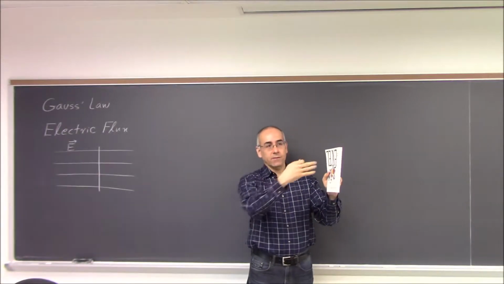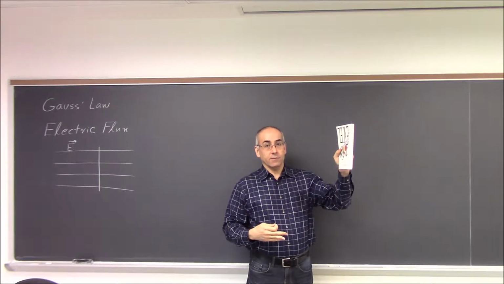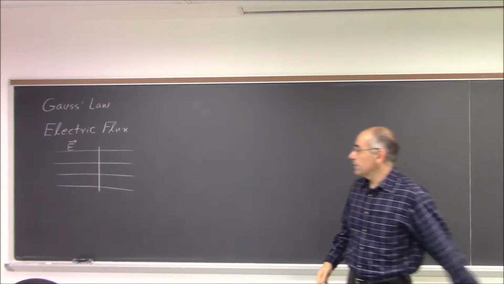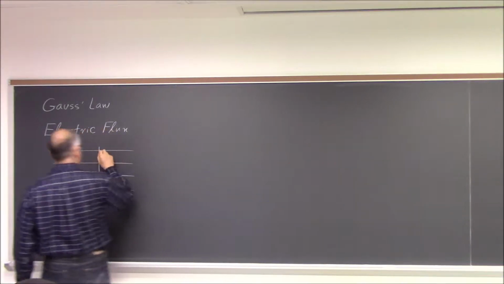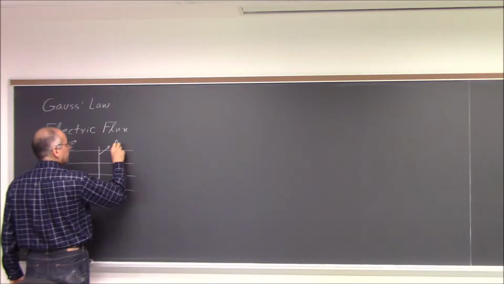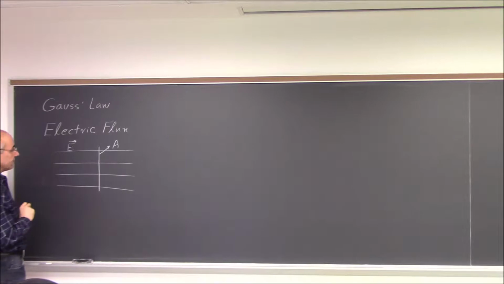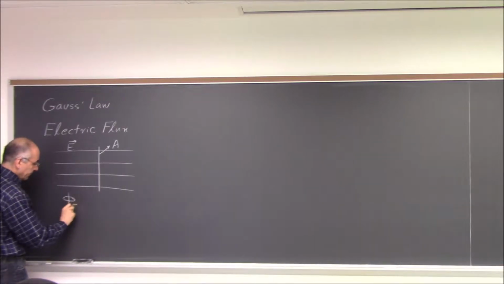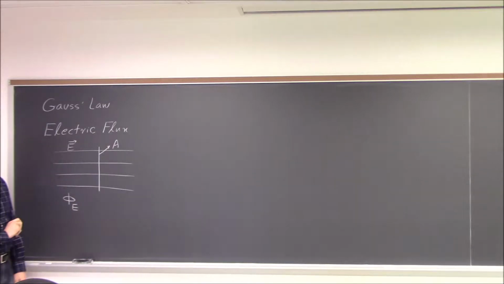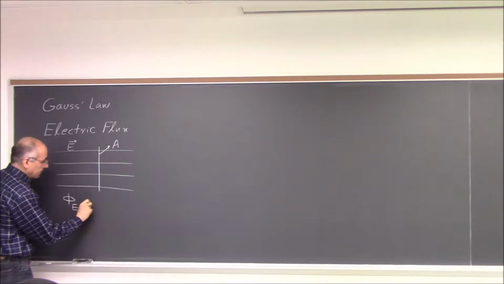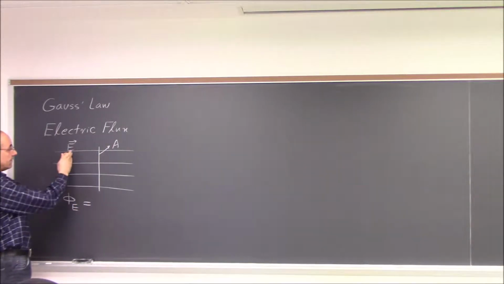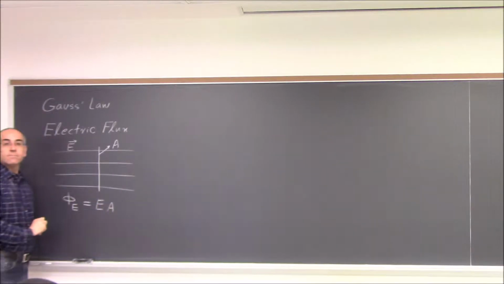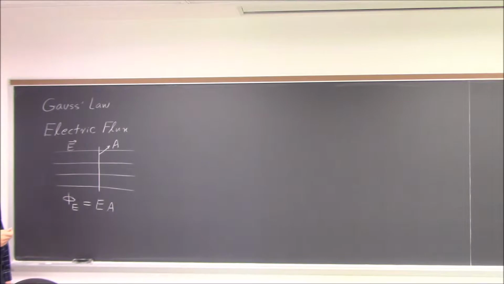The electric field is this way, and the surface is perpendicular to the electric field. In that case, if the surface area is A and electric field intensity is E, we call the flux of electric field phi sub E, and we just define it as electric field intensity times area.